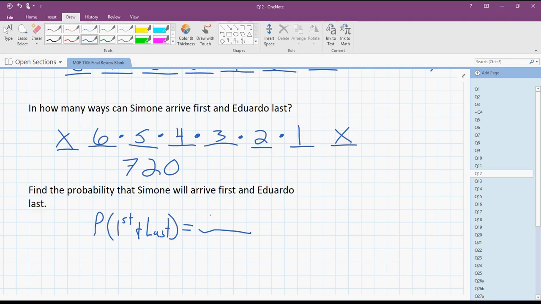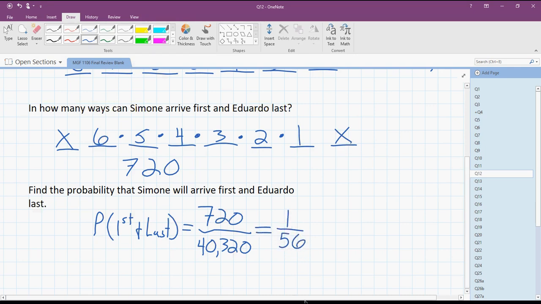There's 720 ways this situation can fall out, with Simone first, Eduardo last. Out of how many? There you go. Out of the 40,320. And then you get, say it again? 1 over 56, because you go to your calculator and you let it reduce that down for you. And there's your probability.